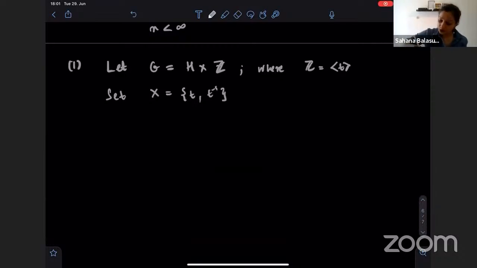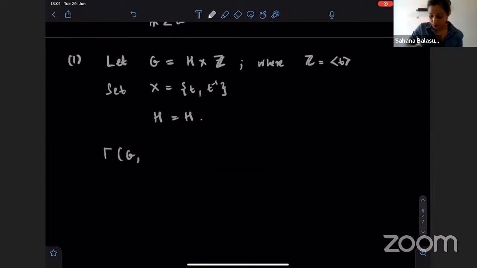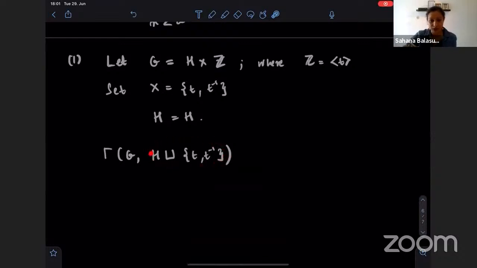And I'm going to take H, my designated subgroup, to be exactly the H that's popping up here, okay? And so I'm trying to understand what is the Cayley graph of my group with respect to the generating set H, disjoint union, T, and T inverse. And I think we can all agree pretty quickly that, of course, this acts as a generating set for my group.